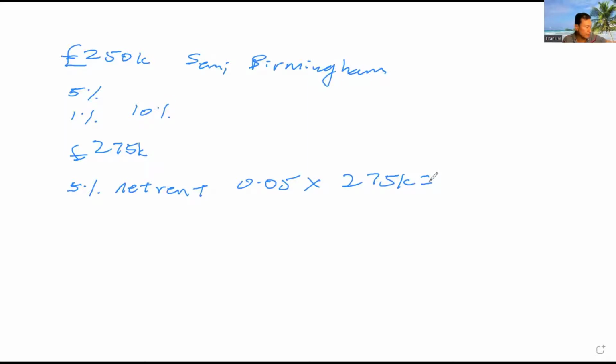So let me calculate that. 275 times 0.05, you're going to get 13,750 per year. Now, your margin is 80%. So your net is 0.8 times 13,750. You get £11,000 net rental.